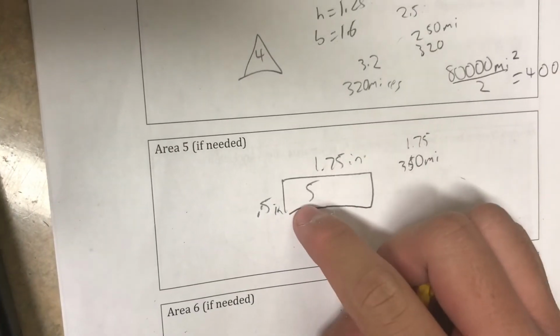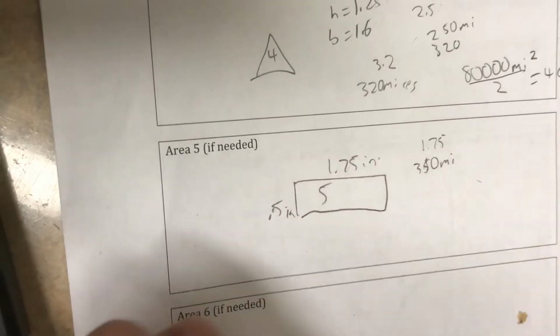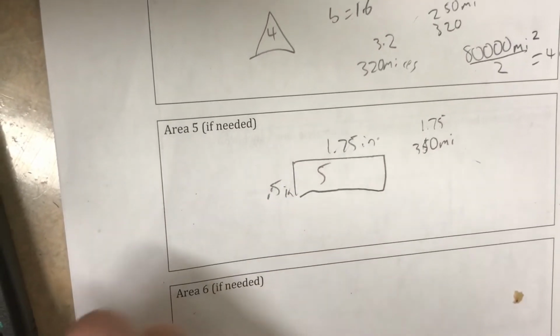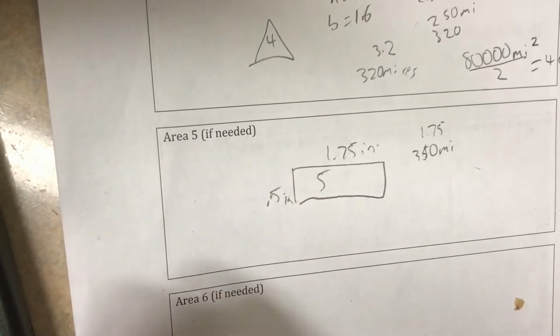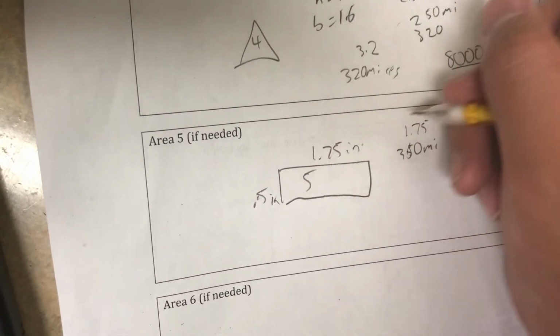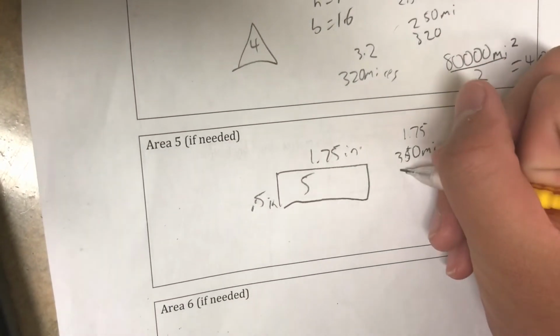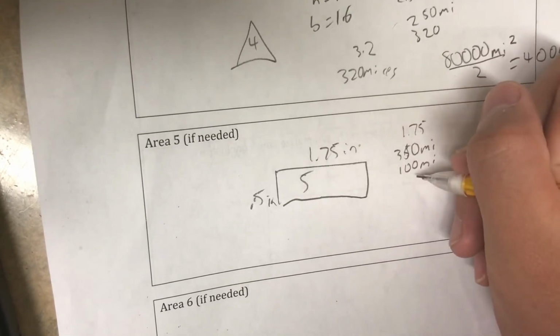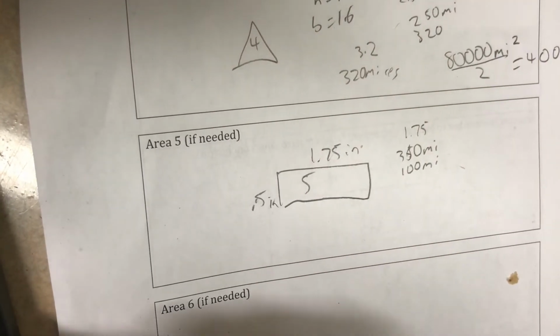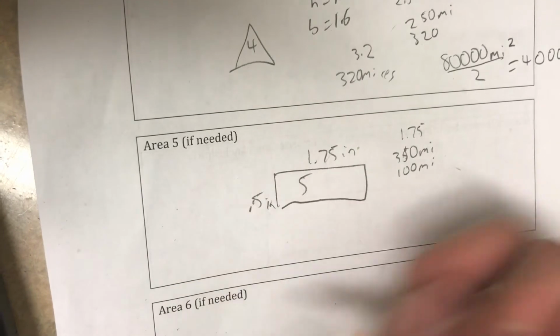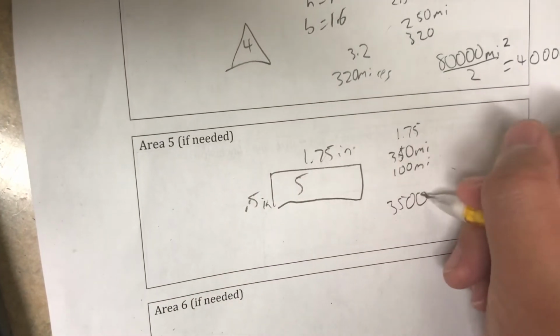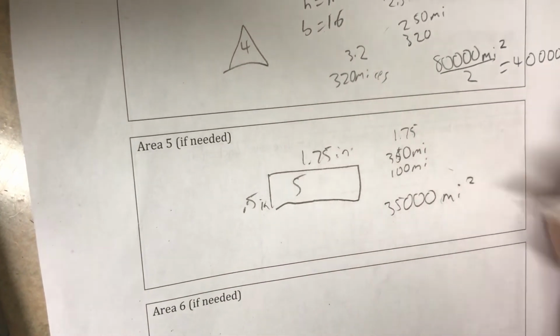Now for our height, we have to divide that by 0.5 also. So it's 0.5 divided by 0.5, and that gives us 1. And if we multiply 1 by 100, it gives us 100 miles. Now if we do our multiplication, we find our area for this rectangle, which is 35,000 miles squared.